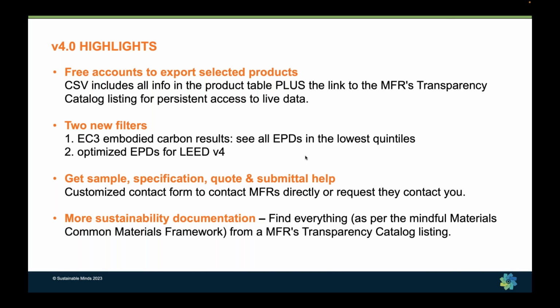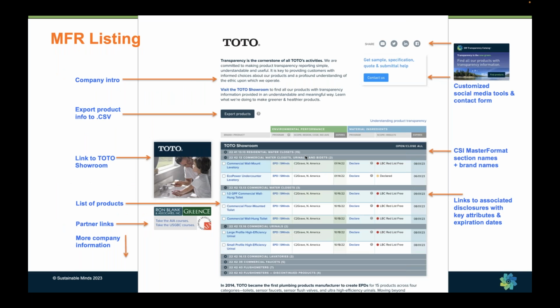I'm going to pick up the pace here. This is what a listing looks like. It's a template. It's easy to onboard manufacturers. It doesn't take a lot of your time. You get your own customer success representative who you're going to work with consistently going forward.